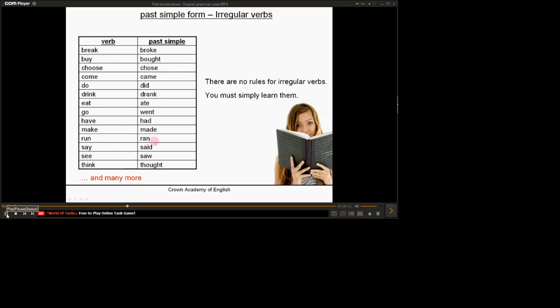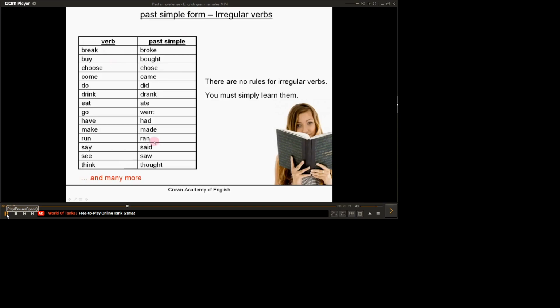Kalian biasa temukan kata-kata ini di tengah-tengah kamus. Jadi tidak ada cara lain, kalian pelajari dan hafalkan. Ya, ini yang regular, ini verbnya, ini pastnya, past simple-nya. Oke, lanjut.